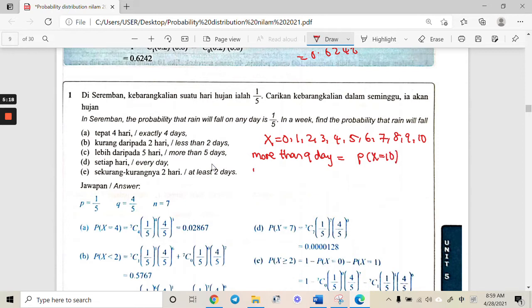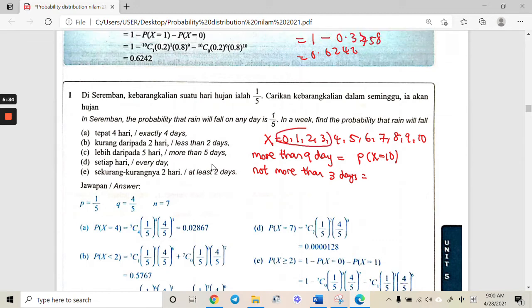If I say not more than 3 days, not more than 3 includes the 3, meaning 0 plus 1 plus 2 plus 3: P(x equals 0) plus P(x equals 1) plus P(x equals 2) plus P(x equals 3).